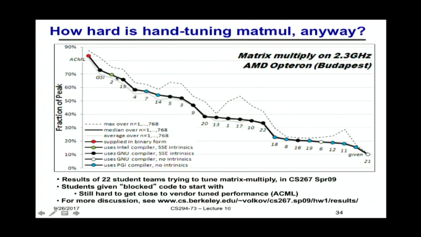So this team number 2 seems to get a very good result. What they do is they use the Intel compiler, and also they use the SSE vector intrinsics, which are provided by the vendor, so you can do the vector operations. With this technique, I'm sure they also have some clever way of optimizing the code, so they get actually very good performance.